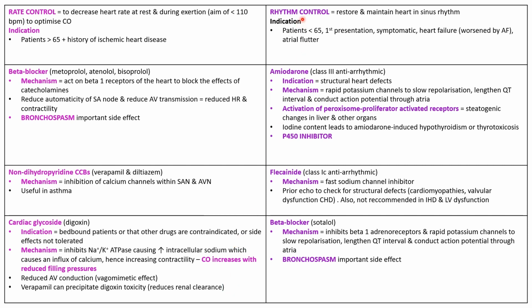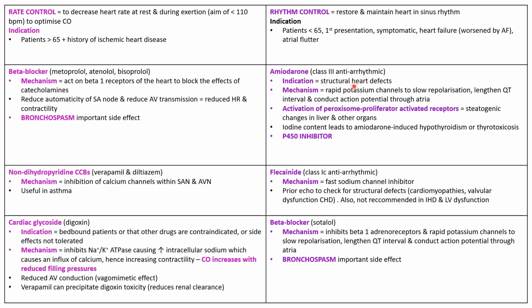And let's talk about rhythm control. So rhythm control, the aim is to restore and maintain the heart in sinus rhythm, so that P wave followed by the QRS complex. The indication is in patients less than 65, could be their first presentation, they're symptomatic, or if they've got heart failure worsened by AF, or in atrial flutter. So we have a drug here called amiodarone, which is a class 3 antiarrhythmic.